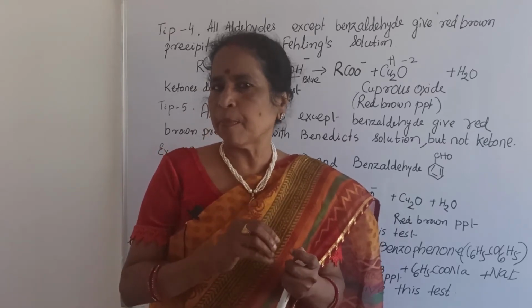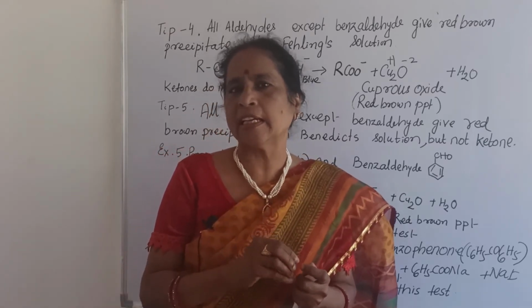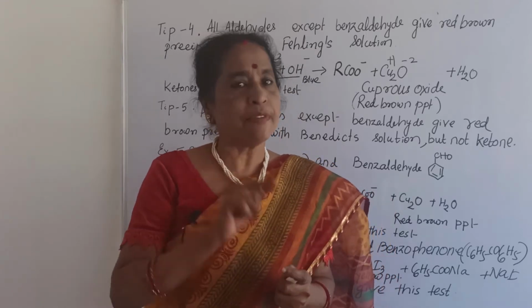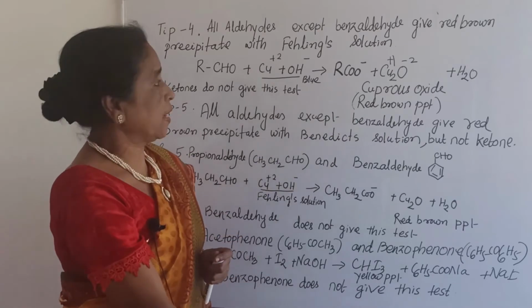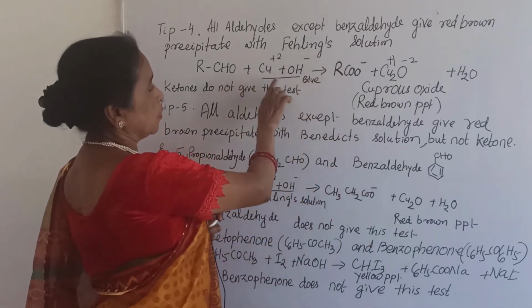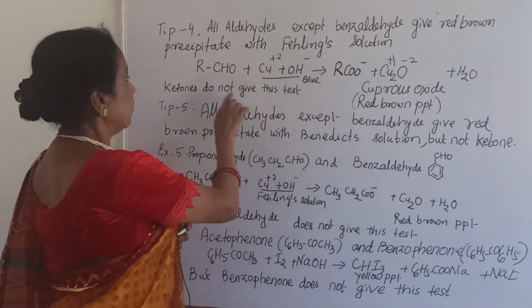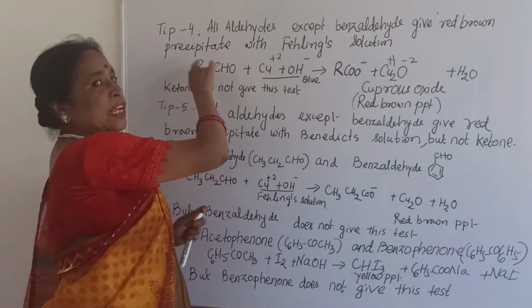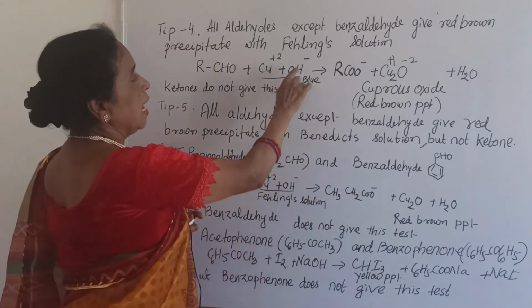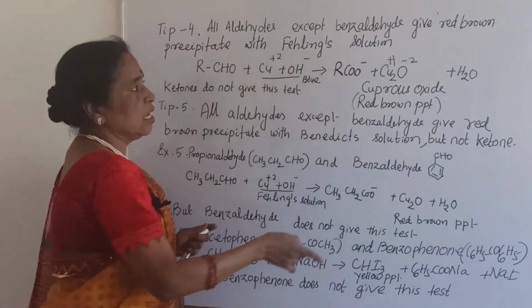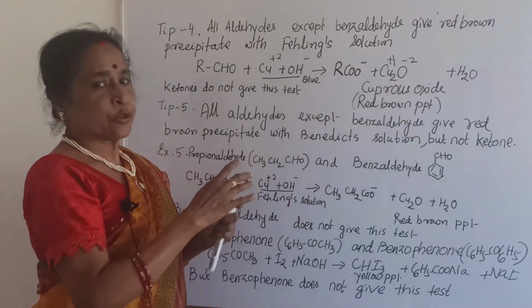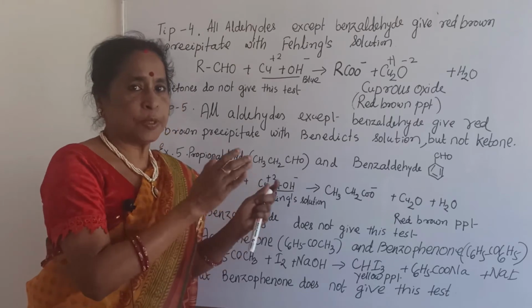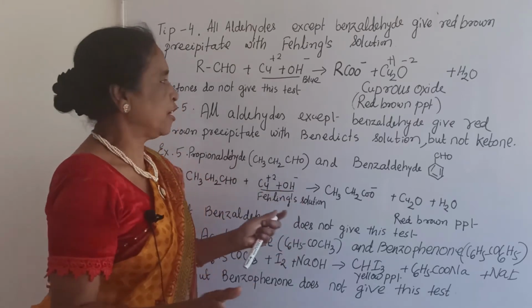But here is a very important reaction for aldehyde, because benzaldehyde never gives any red brown precipitate when heated with the Fehling solution. That means except benzaldehyde, you take any aldehyde and heat with Fehling solution, it gives cuprous oxide red brown precipitate. So it is easy to distinguish between any aldehyde and benzaldehyde.